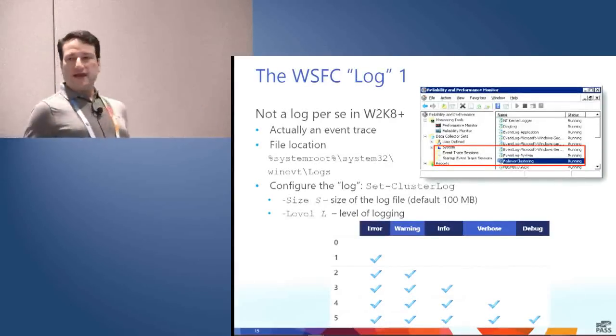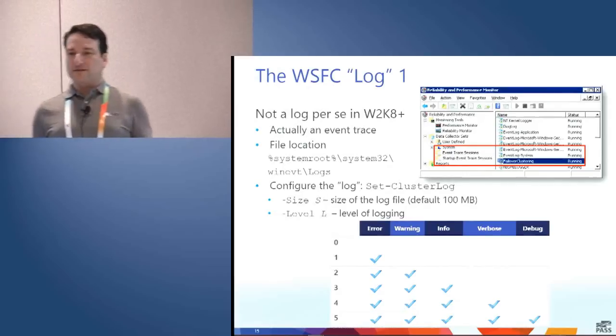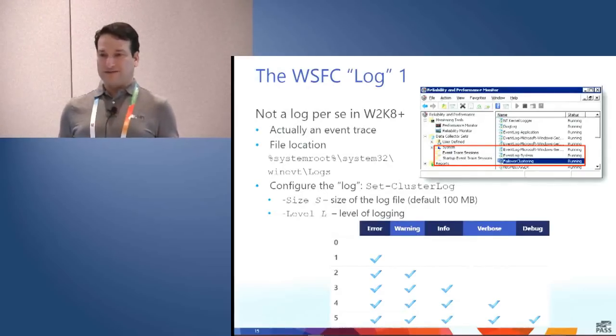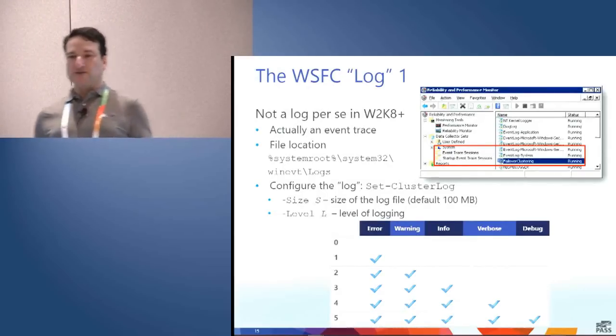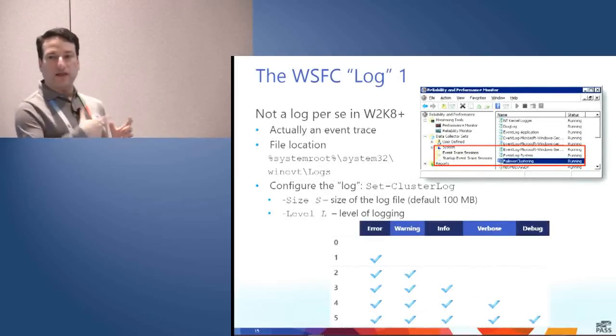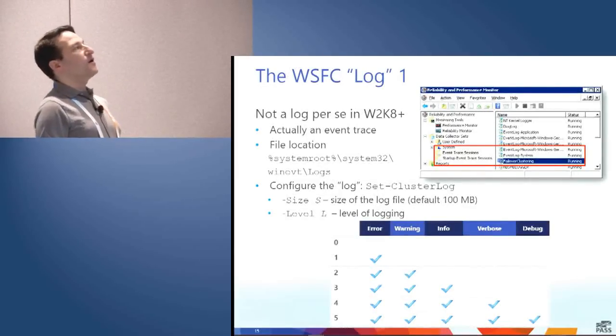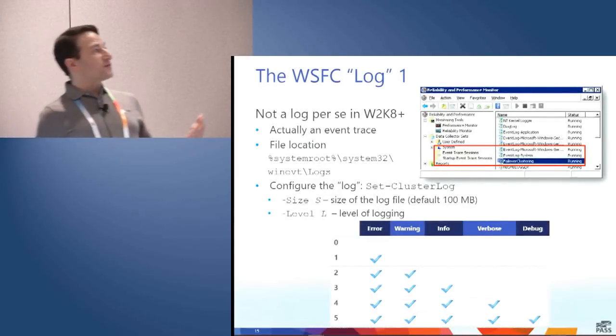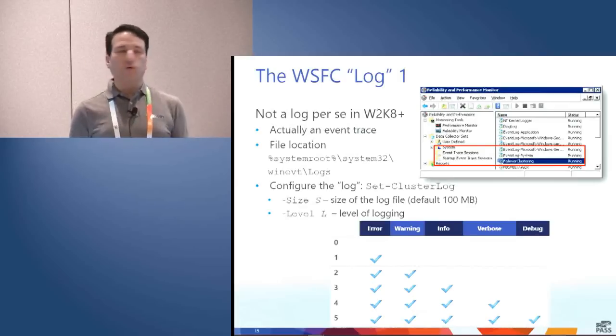So if your sysadmins are frantically searching for where this cluster log lives, they're never going to find it because it doesn't exist. You actually have to generate a file from this stuff that looks like it but really isn't it. The event trace stuff lives in that little folder there that I link.